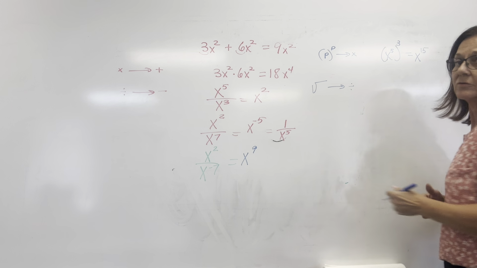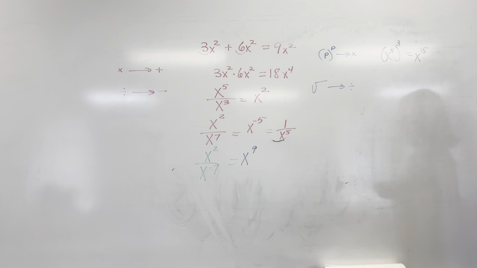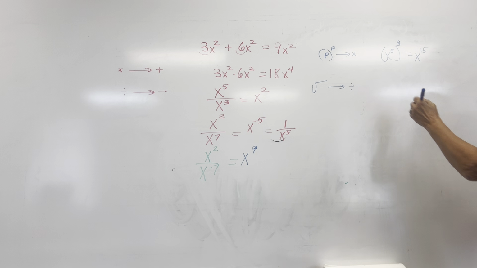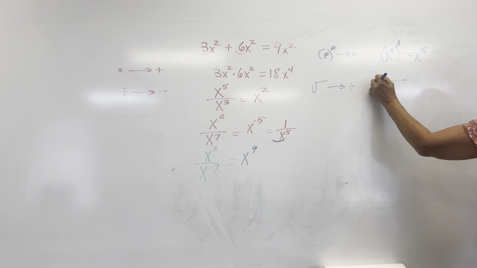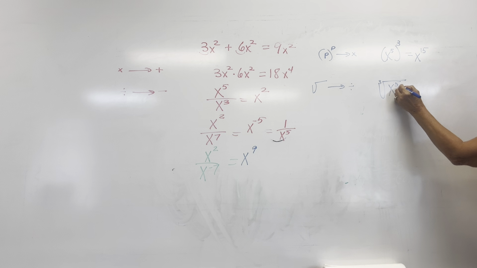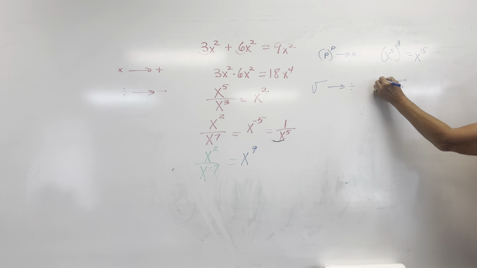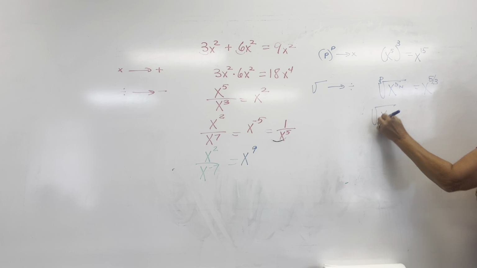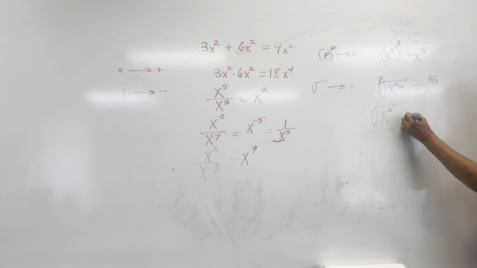It's when we have radicals. So when we have a radical, we're going to divide. This is your numerator. That's your denominator. So it's x to the 5/3. What is that?